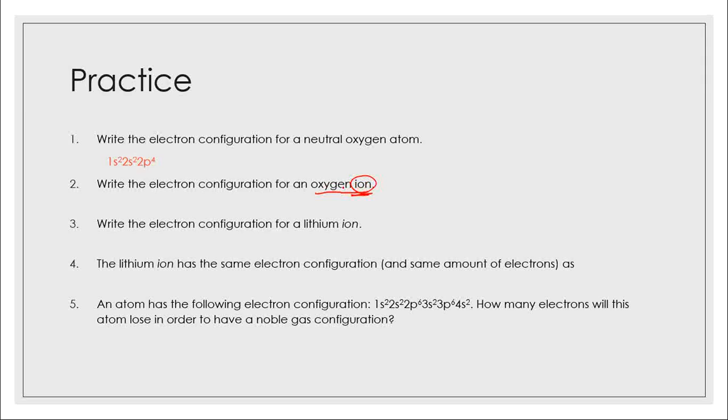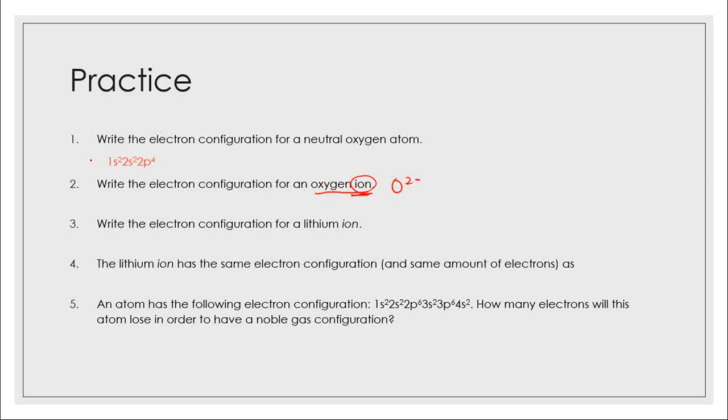Okay? So you find oxygen on the periodic table, you cross-check it with what you just wrote in your own notes. What's the charge or what's the oxidation number for the oxygen ion? Yeah, it's -2, right?